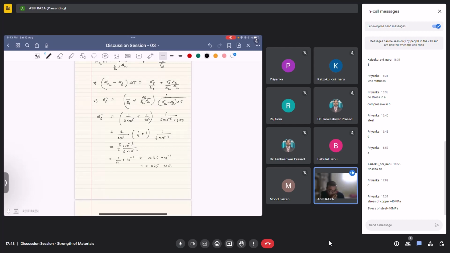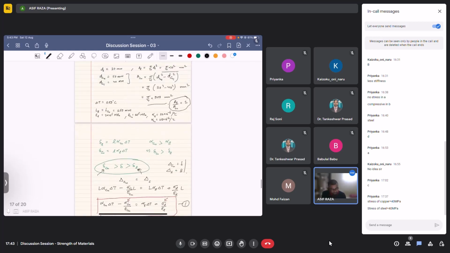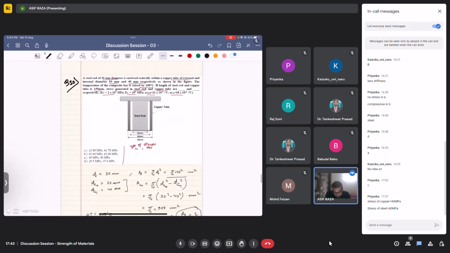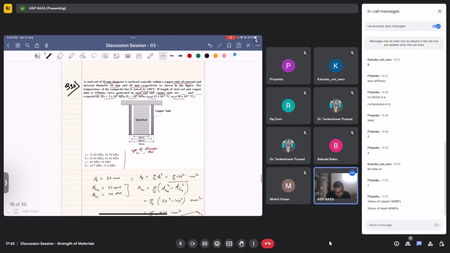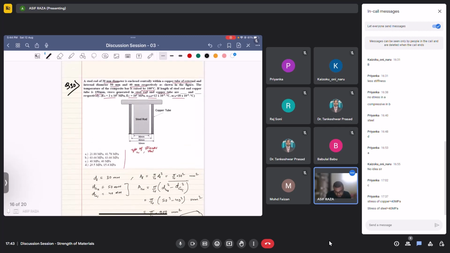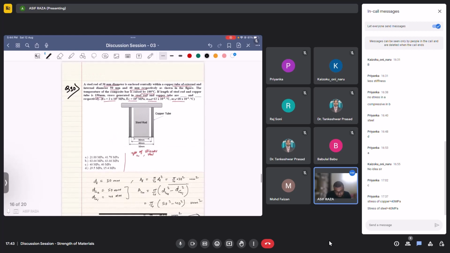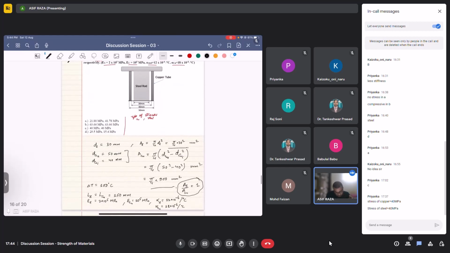Right, this should come, but I think something is wrong. 30 is the steel rod, the external copper tube is pi by 4 of 50 minus this.